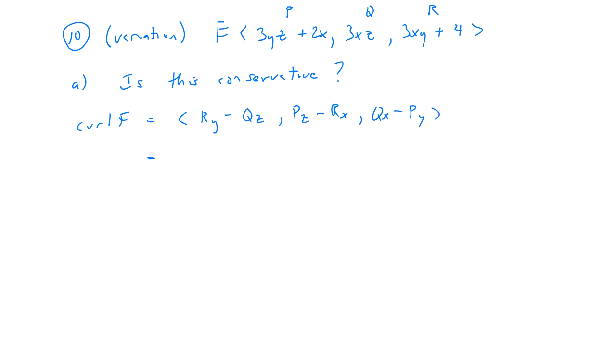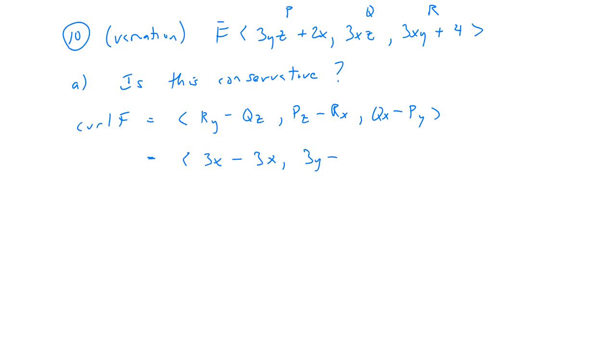And let's see if I messed this up. So derivative of r with respect to y is 3x. Derivative of q with respect to z is 3x. Derivative of p with respect to z is 3y.